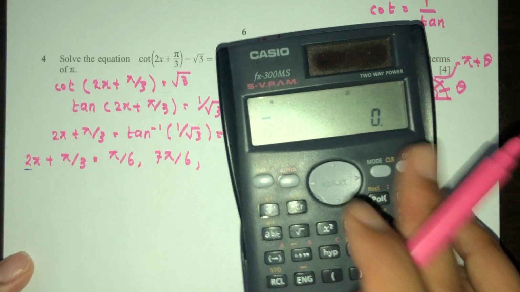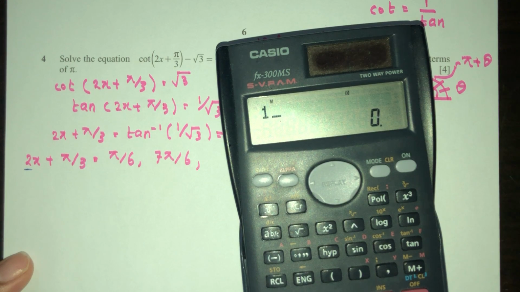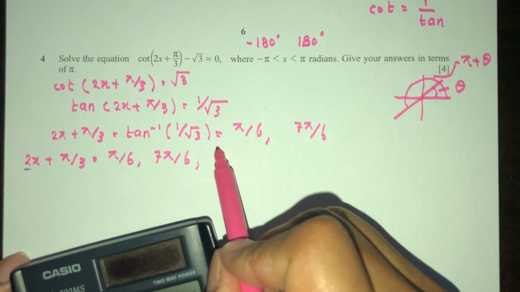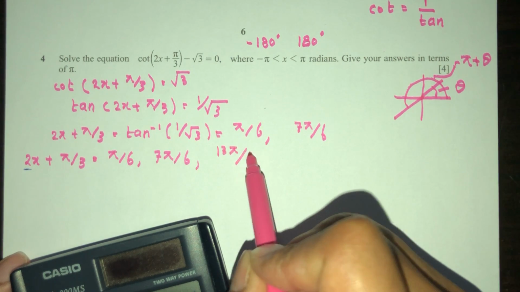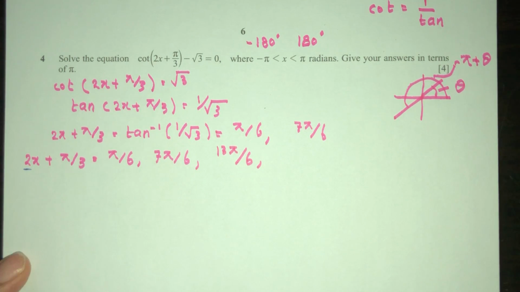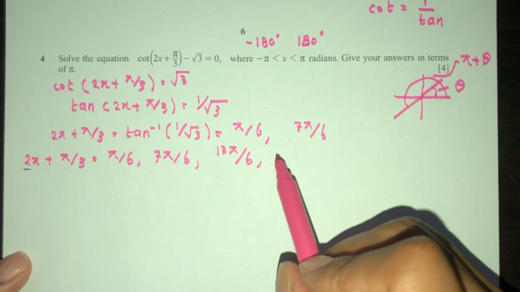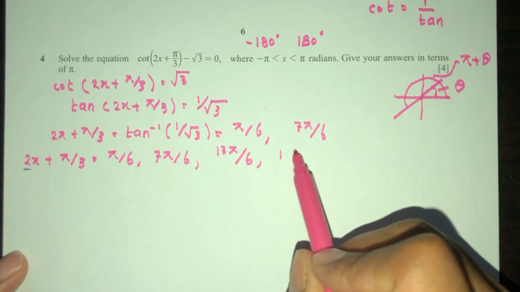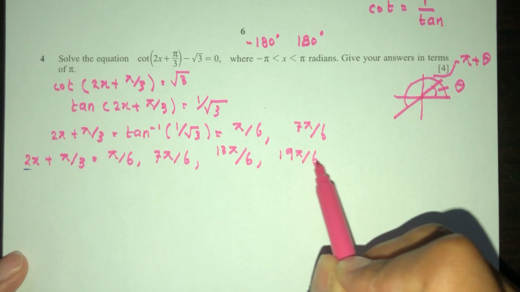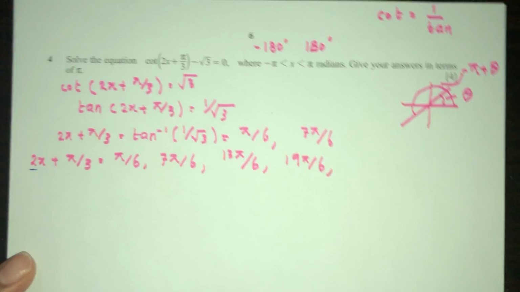So let's try this. So this plus 2 pi. For example, you would say 1 over 6, we first ignore the pi, 1 over 6 plus 2 pi, 2 over 1. So simplify, that will become 13 pi over 6. Now this was plus 2 pi, so basically we add 12 on top. That should be 19 pi over 6. Okay, that's the first step.